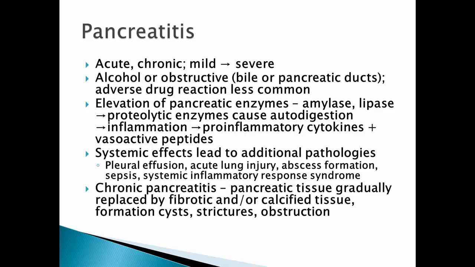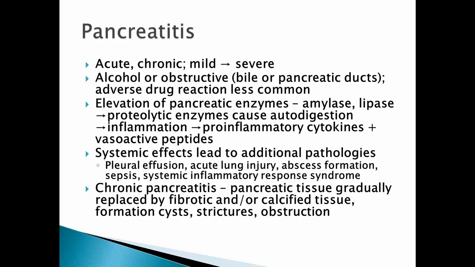And we know that as that tissue becomes fibrotic or calcified, it is more likely to develop cysts, develop strictures within the pancreas itself, which then would lead to altered glucose metabolism, steatorrhea, protein deficiencies, or can actually cause obstruction within the pancreas itself. There continues to be a risk of pseudocyst development as well as abscess development with a chronic pancreatitis. But the big key that differentiates chronic from acute is the development and the replacement of normal tissue with that fibrotic or calcified tissue.